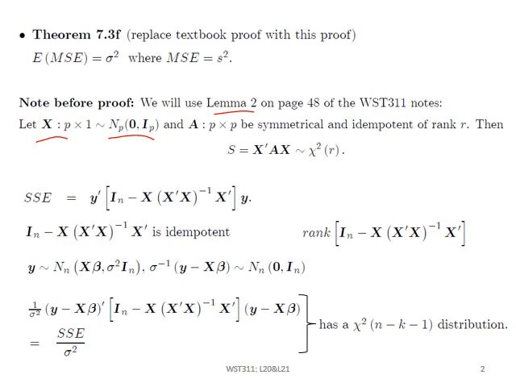We also assume that we have a matrix A, which is a p by p matrix, symmetrical, idempotent, and also of rank r. Then the lemma states that S equal to this quantity follows a chi-square distribution with r degrees of freedom.